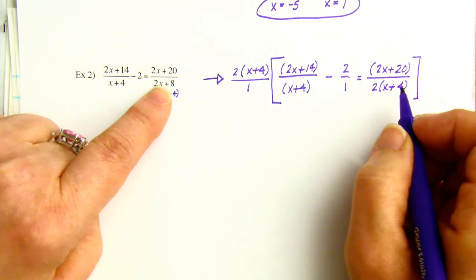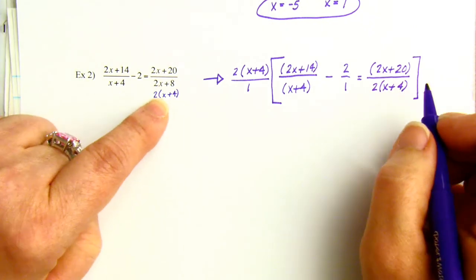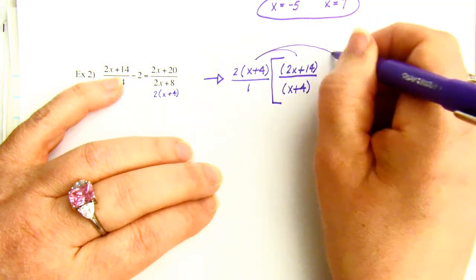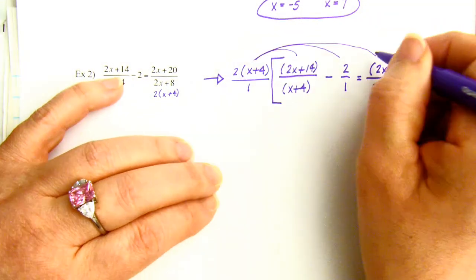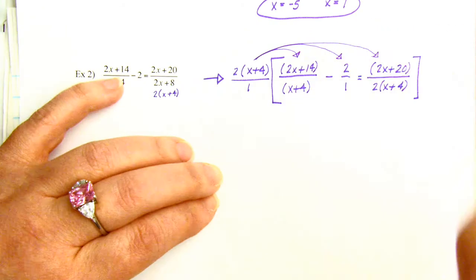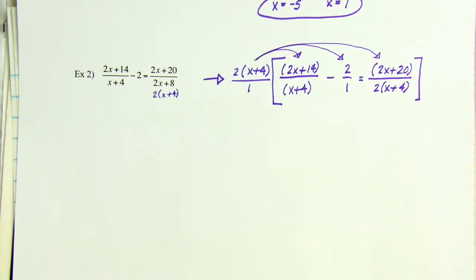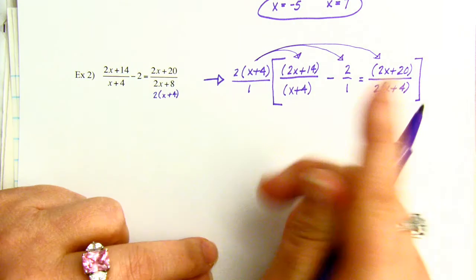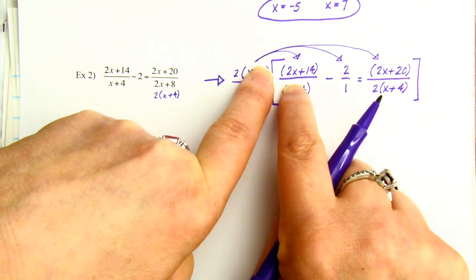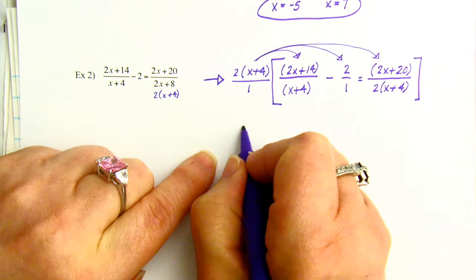Remember, I factored the 2x plus 8 into 2 times quantity x plus 4. All right, now I'm ready to distribute the outside fraction to the first, second, and third inside fractions. All right, and when I multiply these two fractions, the x plus 4's divide out, leaving me with 2 times the quantity 2x plus 14.